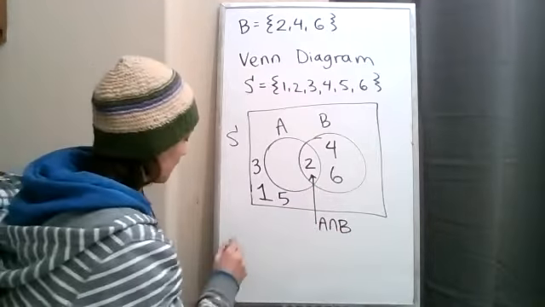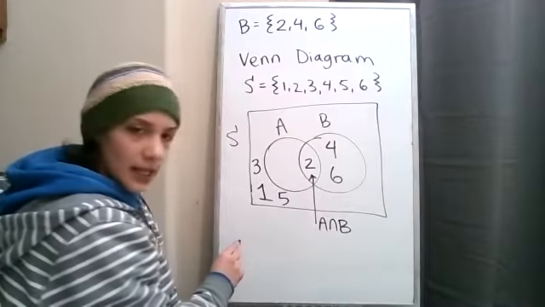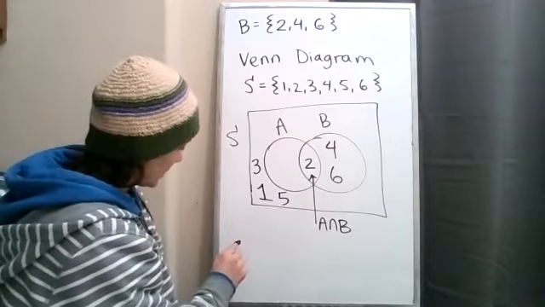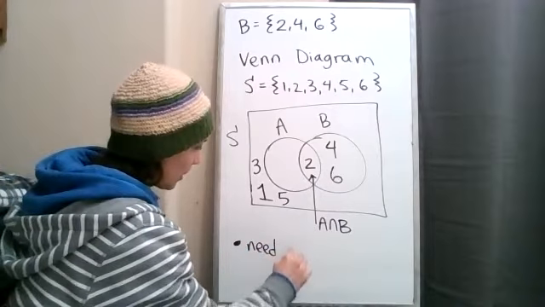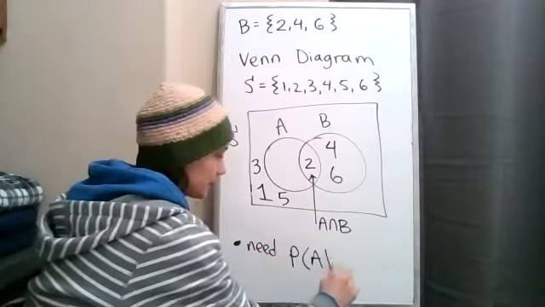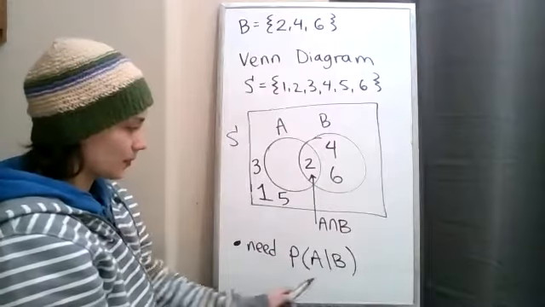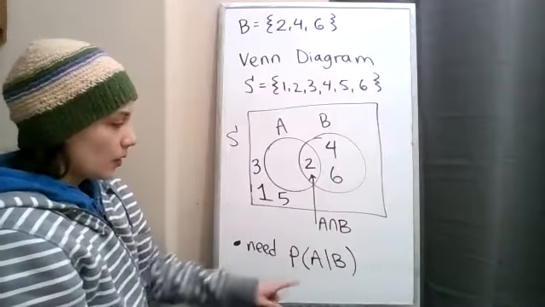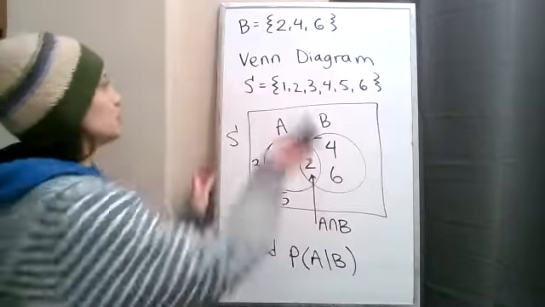Next one. I need the probability of 2 given that it was even. So A given B. Probability of A given B, we'll put the formula up here again.